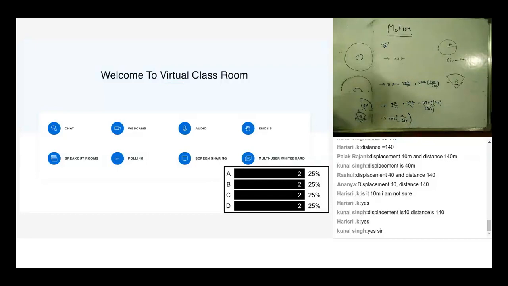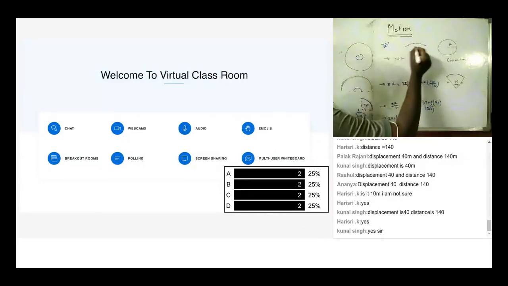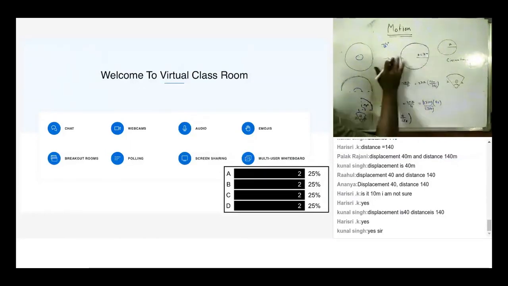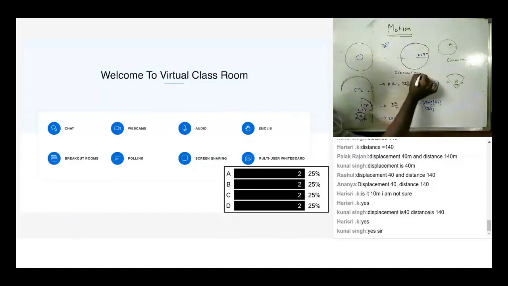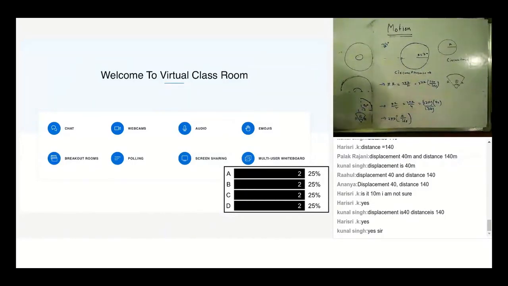Now a quick question on this. I have a circle of radius 7 meters. What is the circumference? 2 pi r, where pi is 22 by 7.